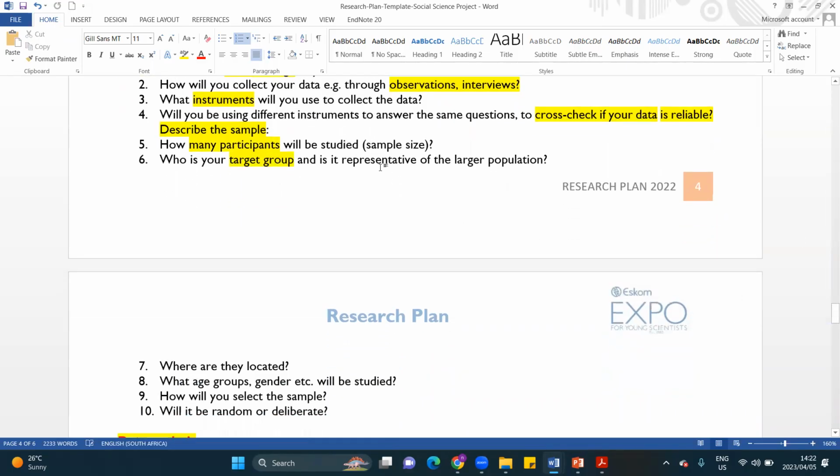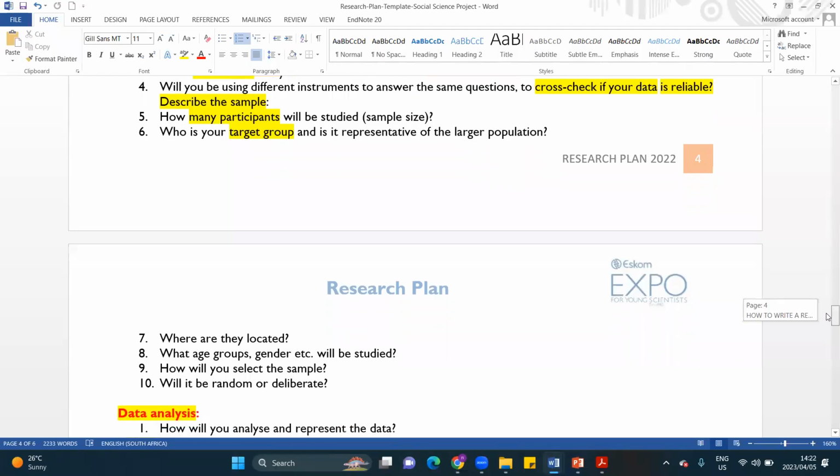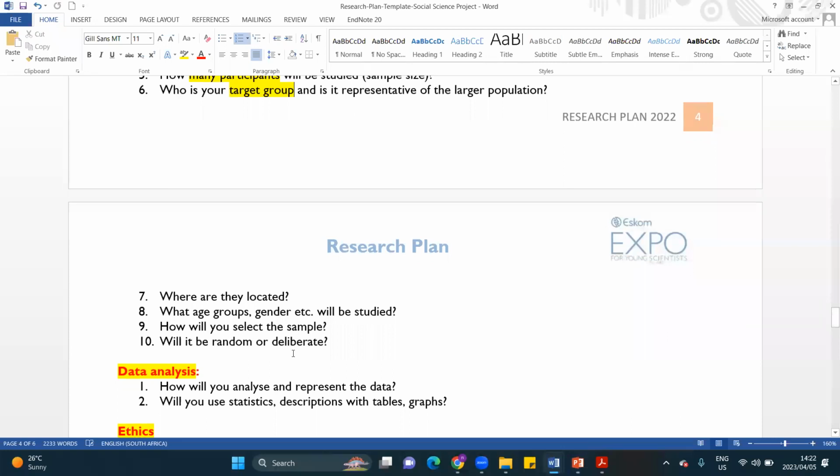And also, is it going to be representative of the larger population? So if you're looking at children at a school, that sample group that you choose must be representative of the total number of learners in the school. That is what this point number 6 means, right? So think about the target group.